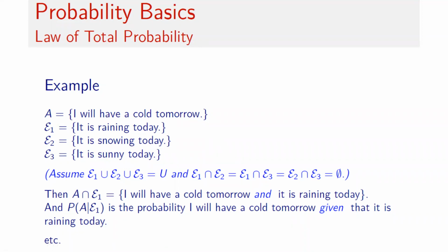So let's assume that those are all the possibilities and that it can only rain, or only snow, or we can have only a sunny day, okay? And not two of them at the same time. So we can have only one event and we cannot have two events at the same time.